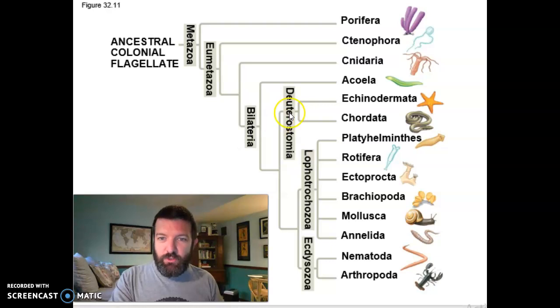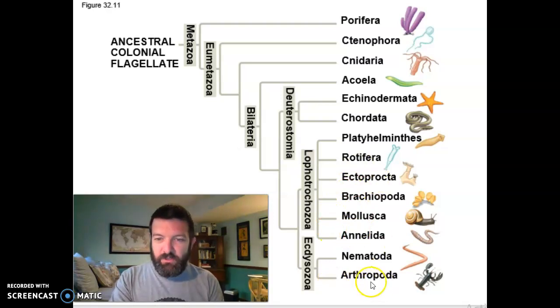But instead of just having Deuterostomia and Protostomia, we have a smaller group of deuterostomes that includes Echinodermata, like sea stars, and Chordata, us. And then you have two weird groups, right? Lophotrochozoa and Ecdysozoa. And this mixes up how we used to characterize these phyla.